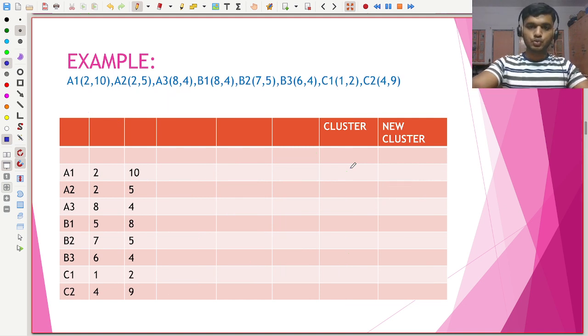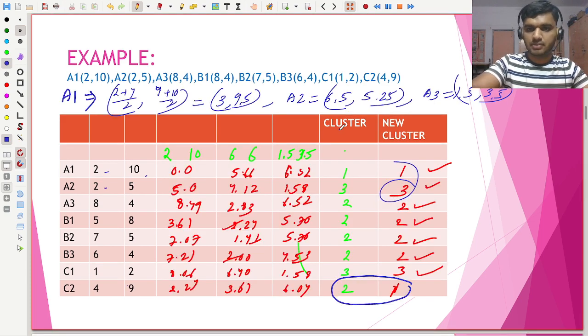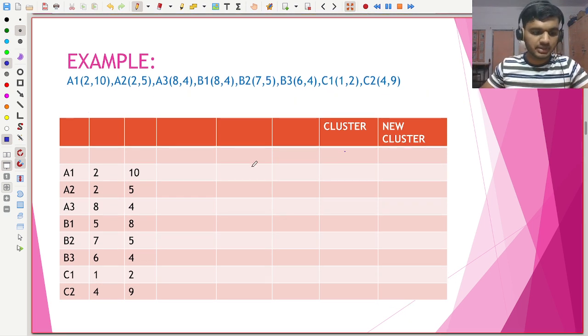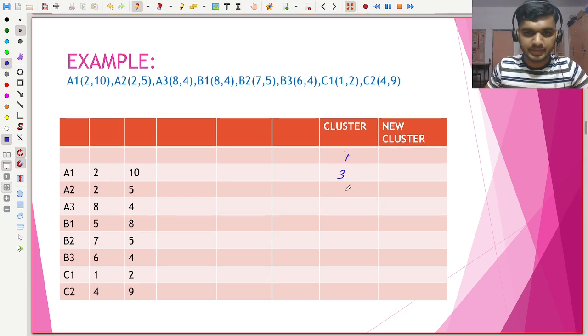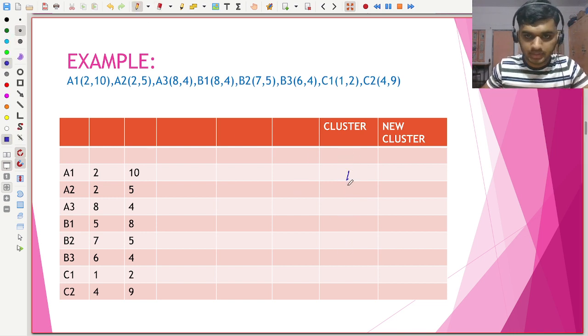So similarly, if you do this process, you mark here the old cluster as 1 3 2 2 2 2 3 1.